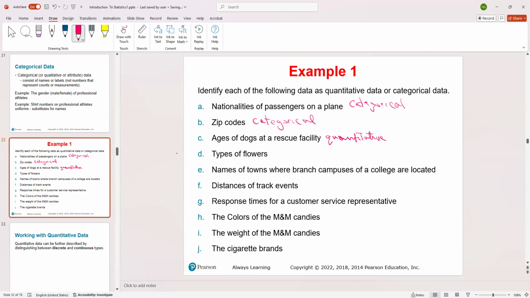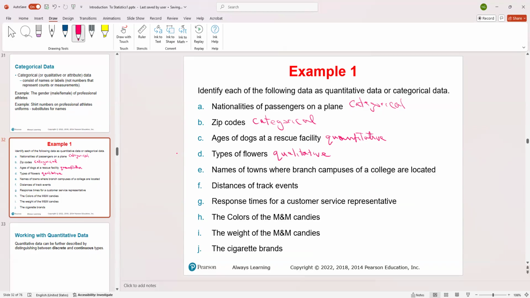Type of flowers. For those of you who know flowers, you can decide what you want to do with the type of flowers. But we know at some point type of flowers can be qualitative or categorical. I'm going to write qualitative so you remember. Names of towns where branch campuses of a college are located.